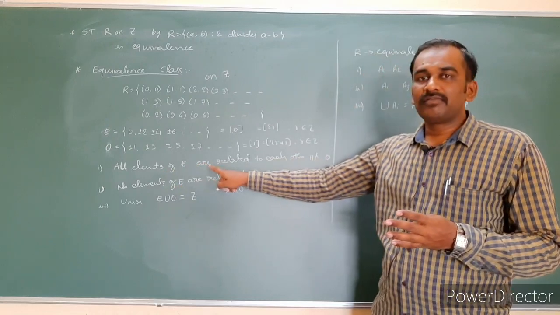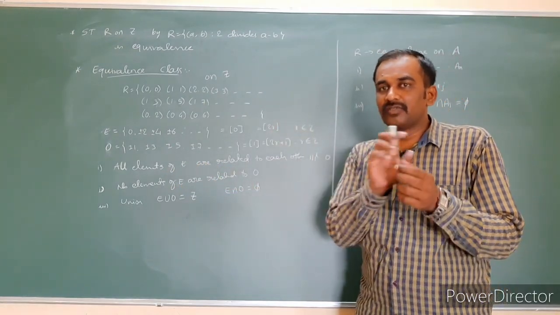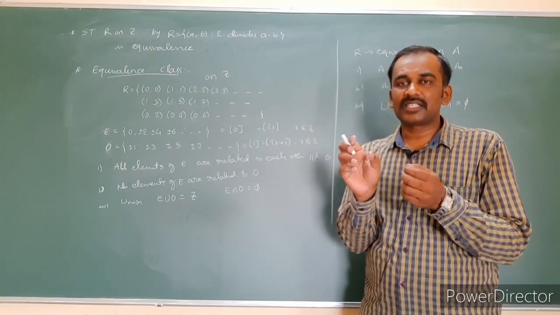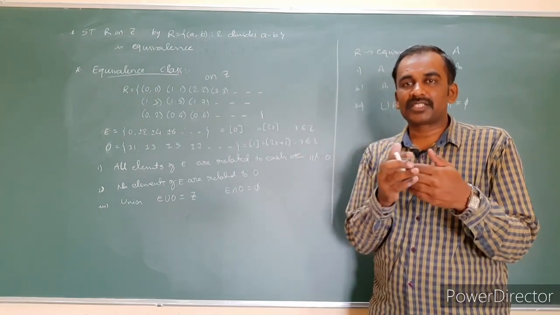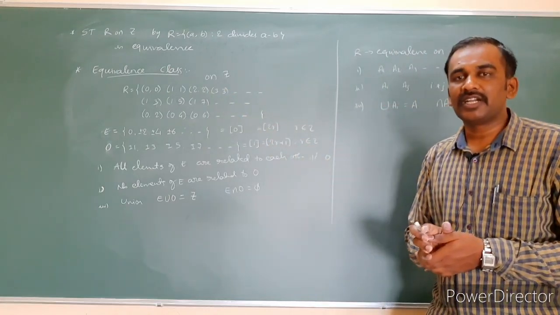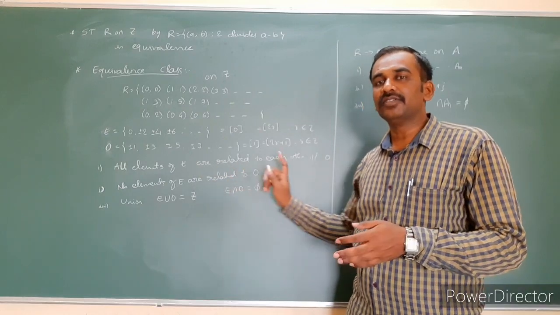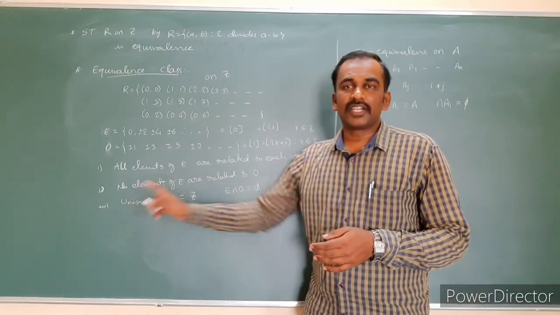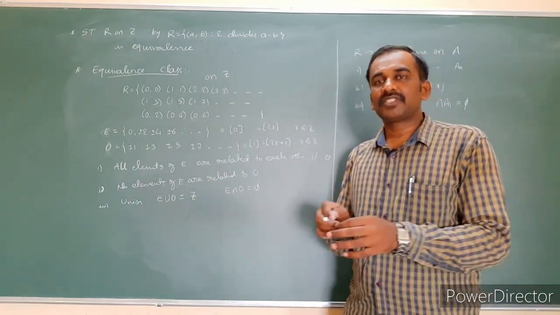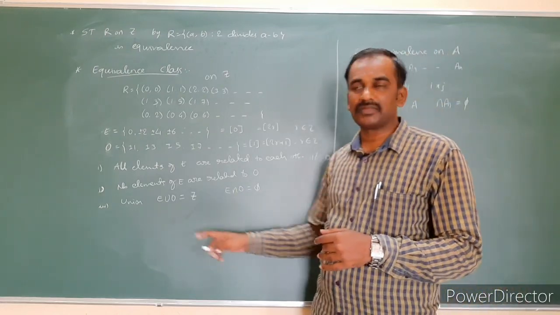All the elements of one subset are related to each other. Whatever numbers are present in that subset make pairs, and those pairs must be present in the given relation R. Second condition: no element of one subset is related to any element of another subset, and vice versa.